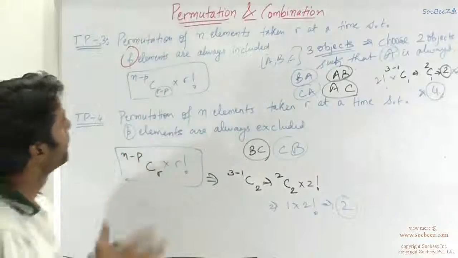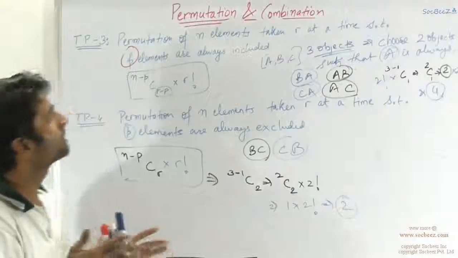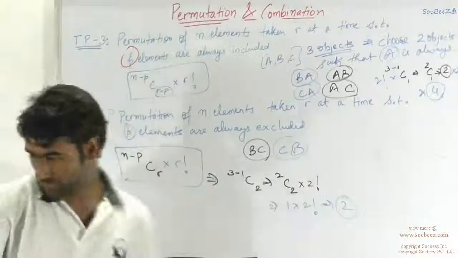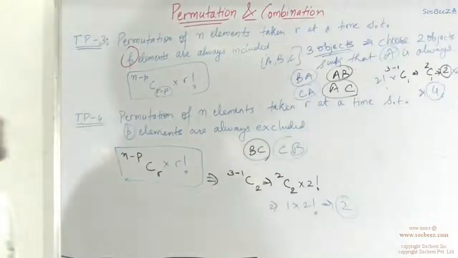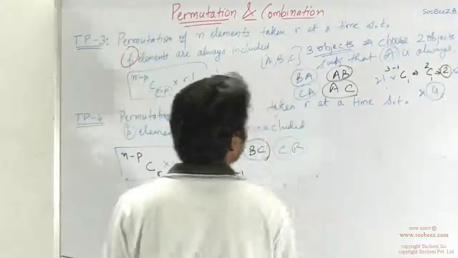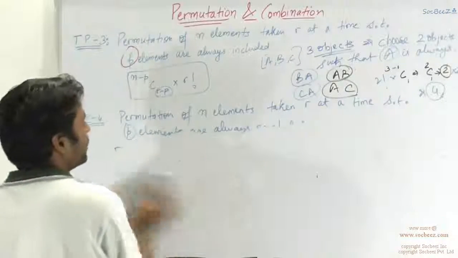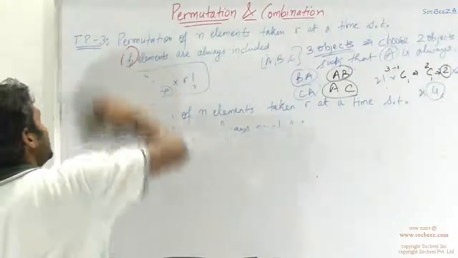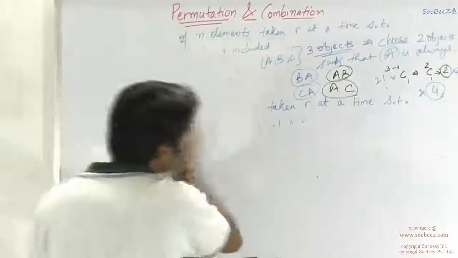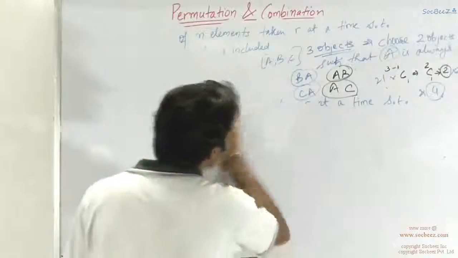Number of ways to permute n elements taken r at a time where p are excluded or included. So we'll do another typical problem set, when you are basically given a scenario where you have to keep some elements intact, that is, you can't change their configuration.